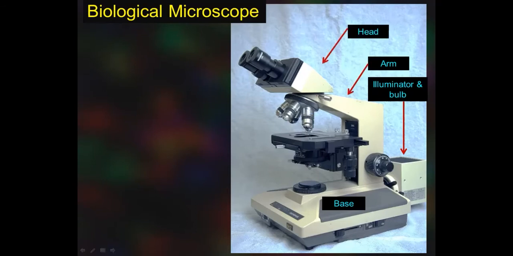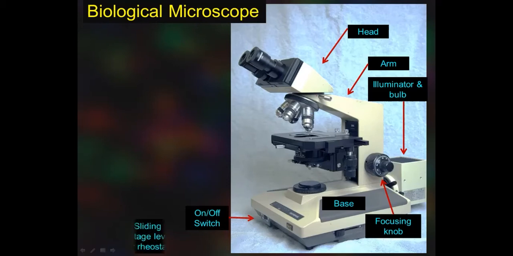You should only transport a microscope holding it with two hands, one by the arm and one underneath the base. On the left and right side of the arm of the microscope are the focusing knobs. On the front of the microscope is the on-off switch, and on the right side is a voltage slider, voltage regulator, or rheostat that controls the intensity of the light that the bulb emits.